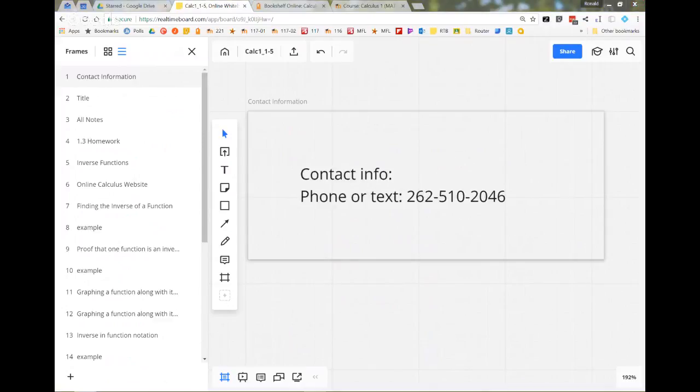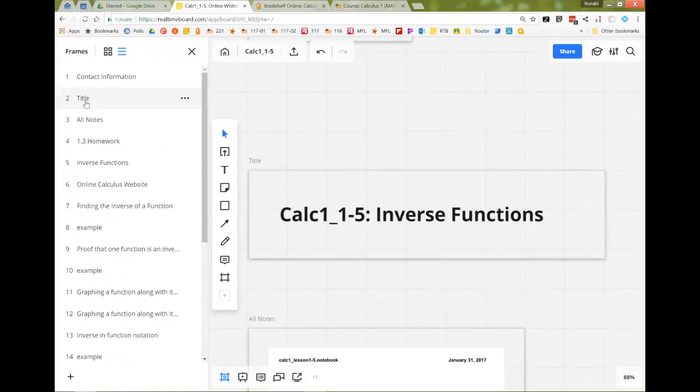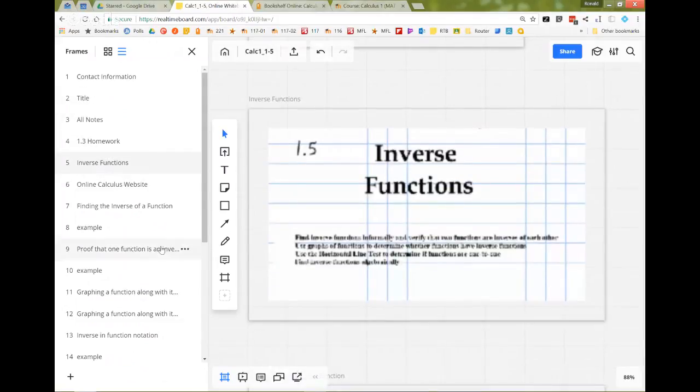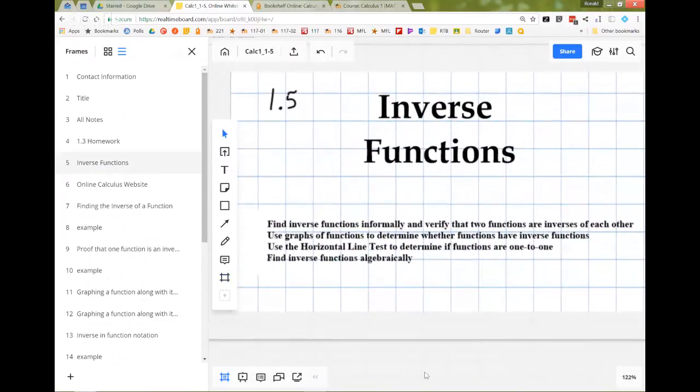All right, so today's topic is inverse functions. Lesson 1.5 in the book. So let's dig in. Here are the learning objectives for this lesson. They're kind of small, but first, find an inverse function informally and be able to verify that two functions are inverses of each other.